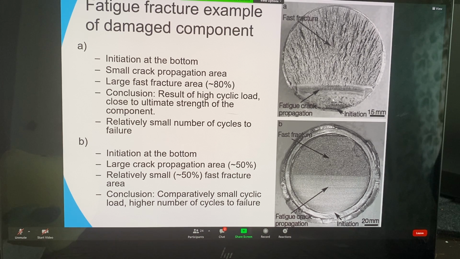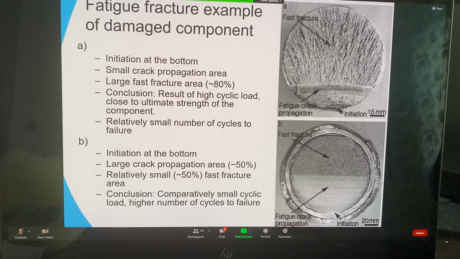And what we can conclude from this is that the cyclic load has been fairly high, maybe quite close to the ultimate strength, and that this propagation hasn't gone very far, so that we have only 25% of the diameter covered with the varying load with the fatigue propagation, and after that there hasn't been sufficient static strength, and the rest of the cross section has been broken with a brittle fracture.